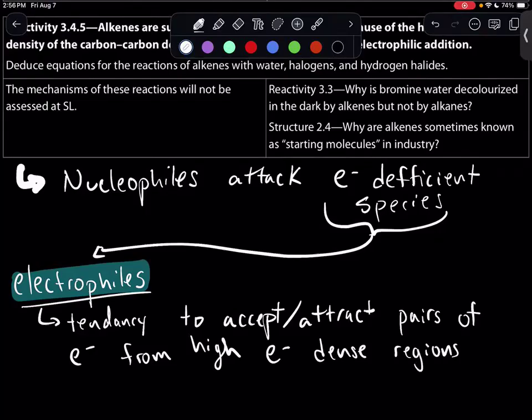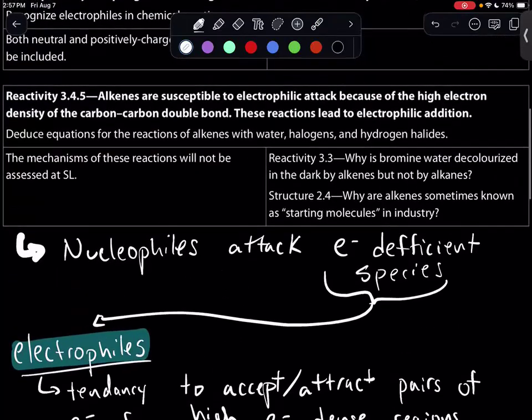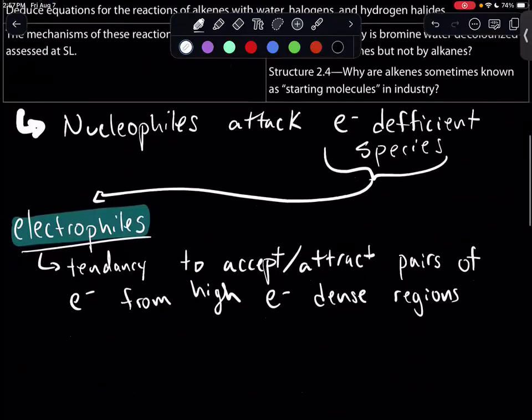Now, those regions could be a lone pair of electrons, or they could be, as in 3.4.5, the carbon-carbon double bond.